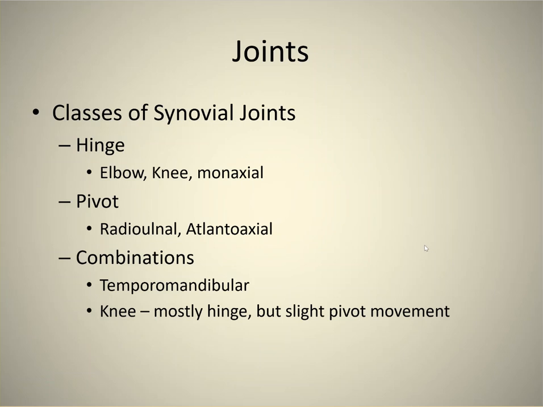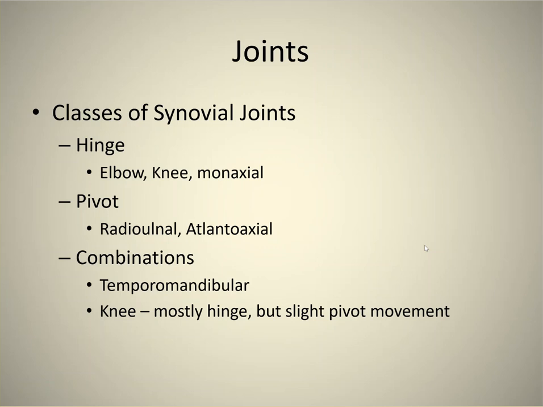Okay, now moving on to slide 12, still more classes of synovial joints, hinge joints, elbow and knees, and these are monaxial. They only move in one direction. And then there's pivot ones, where one bone moves in circular motion around the other one.